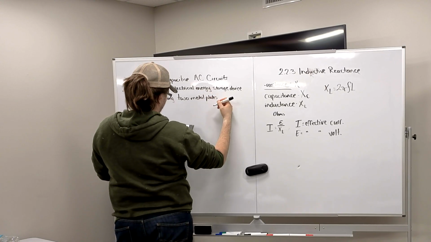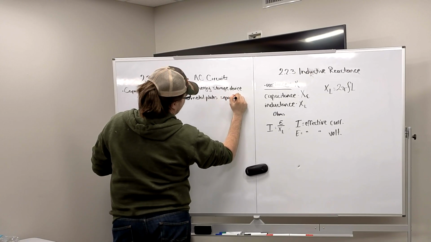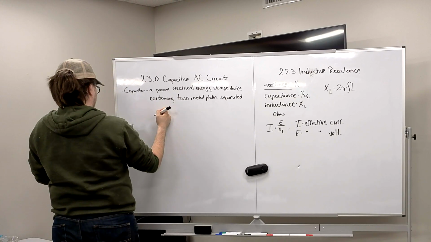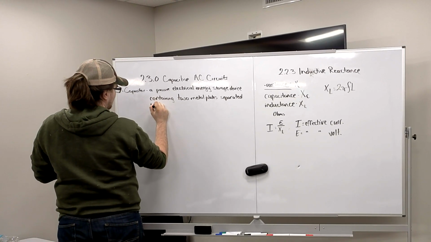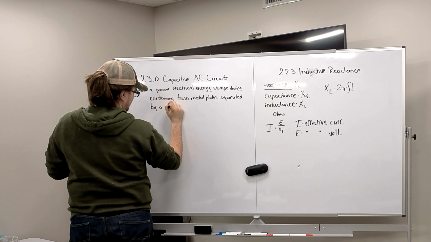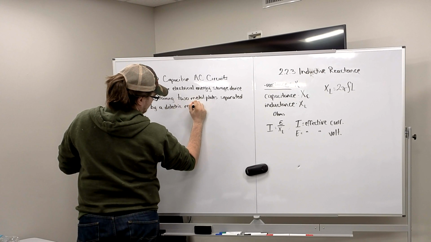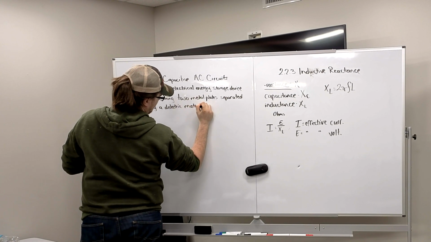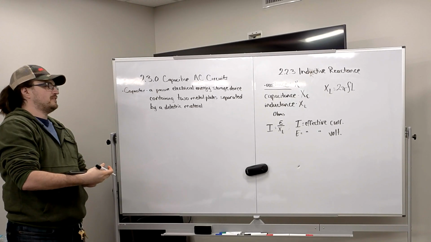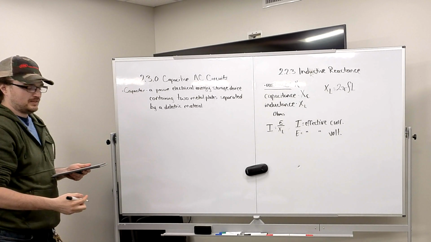Capacitors are not AC. It's like a DC battery. Like a battery. Alright. A passive electrical energy storage device containing 2 metal plates separated by a dielectric material.